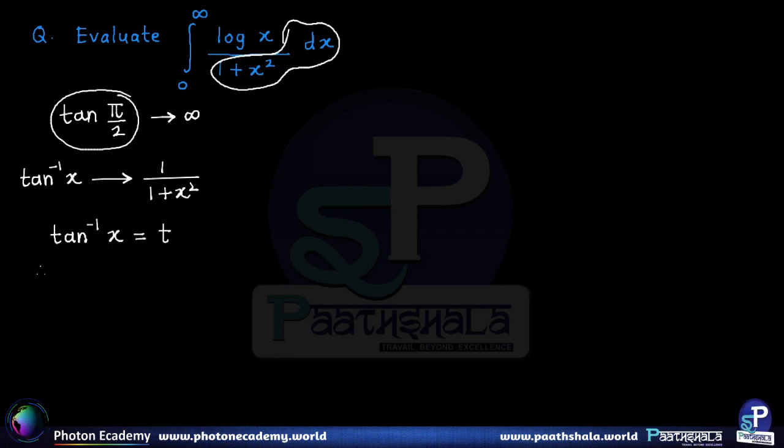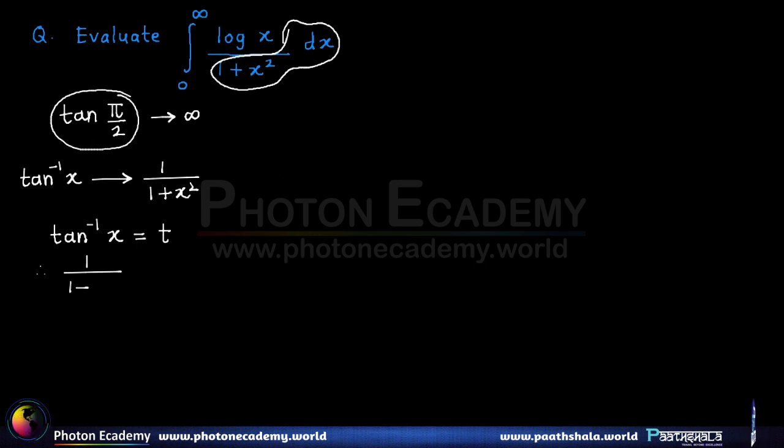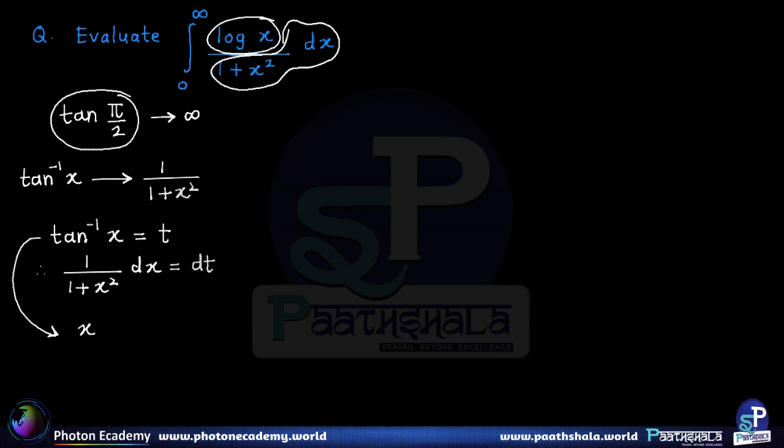On differentiation we get 1 upon 1 plus x square dx is equal to dt. Now we also have to replace x in the log x, correct? If tan inverse of x is t, then x is nothing but tan of t, right?